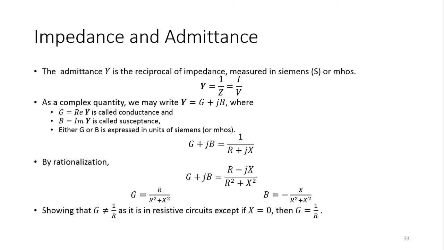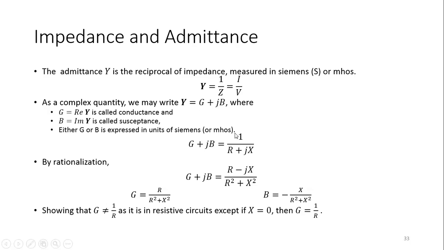Admittance is the converse of the impedance, the reciprocal of the impedance. So if Y is admittance, then it would be equal to 1 upon Z or I upon V. And as we know that Z has real and imaginary parts, obviously the admittance would also have real and imaginary parts.